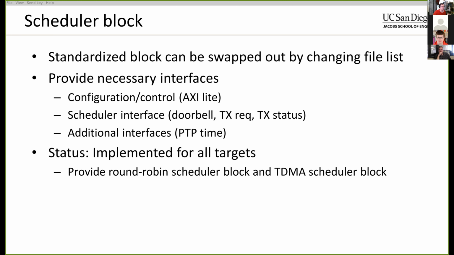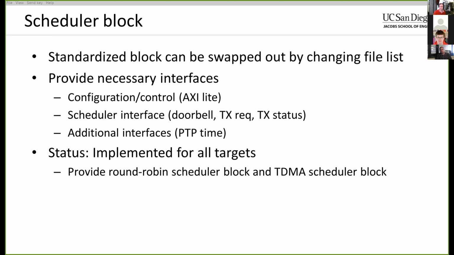And then there's the scheduler interface, which is a doorbell from the NIC data path, TX request to the NIC data path, and then the TX status that comes back in response to the request. There's also PTP time, which is provided to the scheduler in case you want to do some sort of scheduling that's dependent on the PTP time.